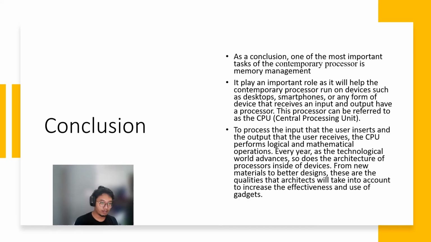As for the conclusion, the most important task for the contemporary processor to run is memory management. Memory management plays a crucial part in the contemporary processor, which runs on many devices such as desktops, smartphones, or any other device that needs input and output from a processor.